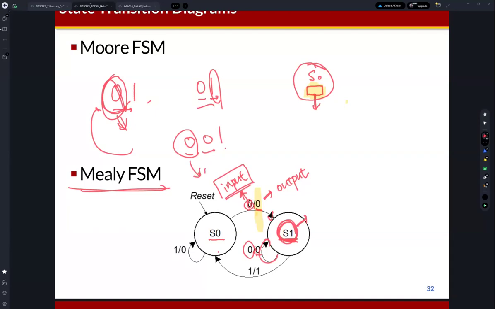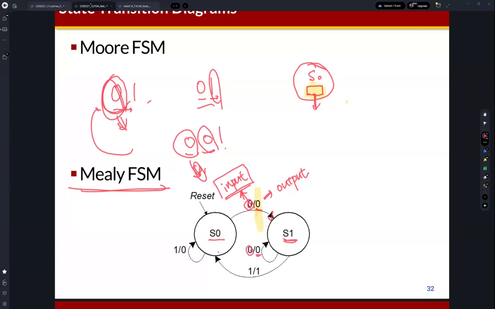But if the next is still 0, then it remains in the same state. If the next is 1, then the output can be 1. In the S1 state, if the input is 0, output is still 0.